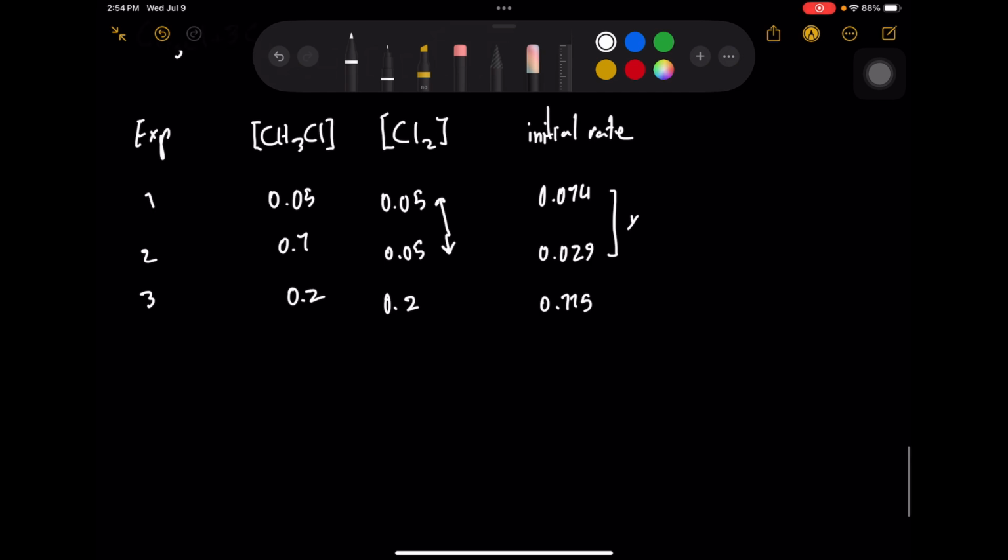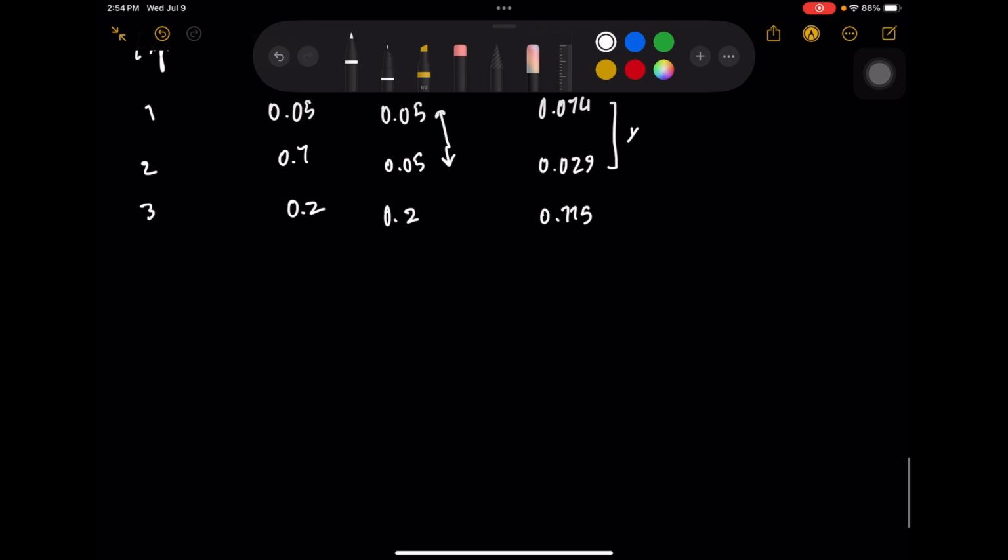We do not need to consider Cl2. And how we do it is simple math: rate 2 over rate 1.